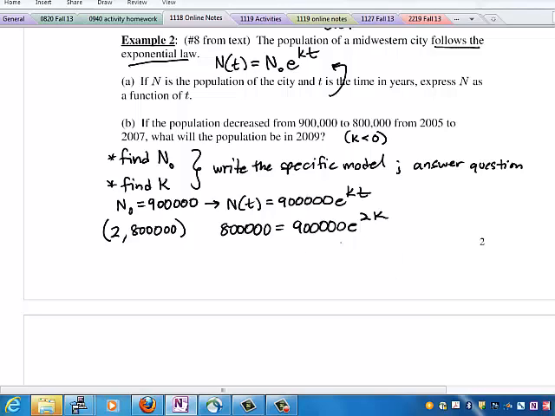So we can divide both sides by 900,000. That would give me 8/9 equals e to the 2k. And then we can take the natural log of both sides.